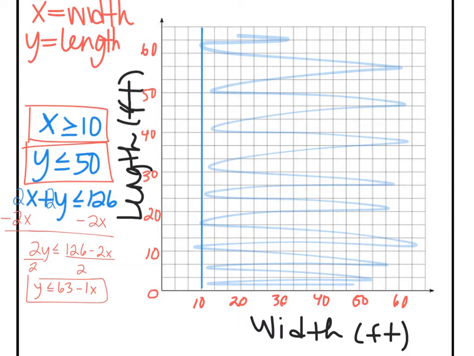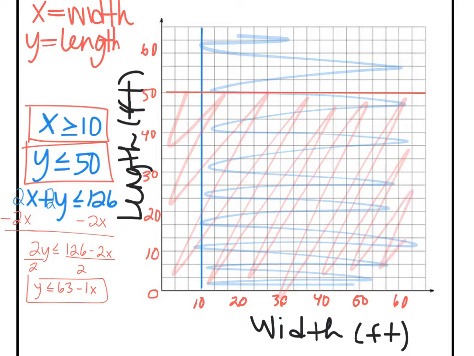Then the length, y is less than or equal to 50. So a horizontal line at 50. And shade below that, lightly, if you're doing this, because we're just trying to see where they overlap so we can give our final answer.